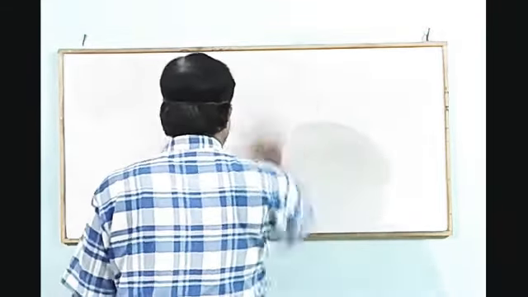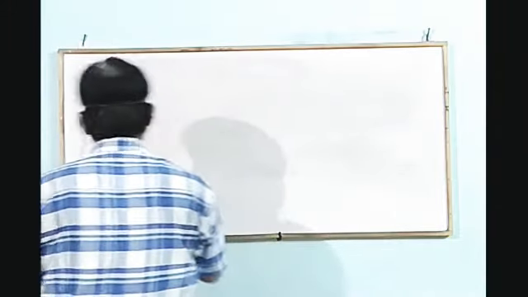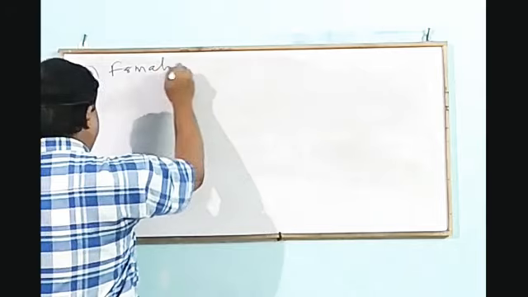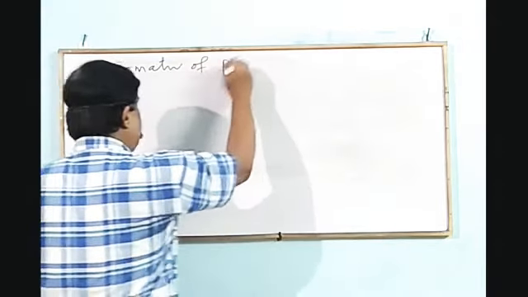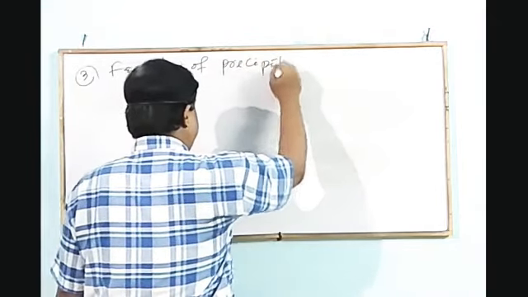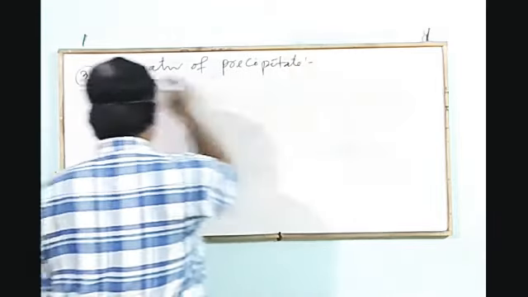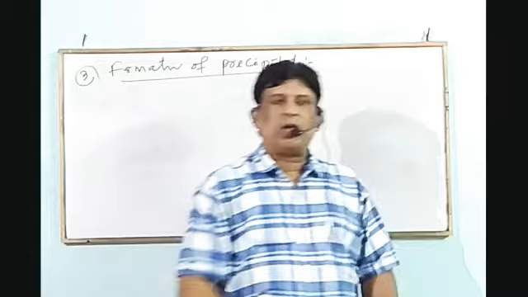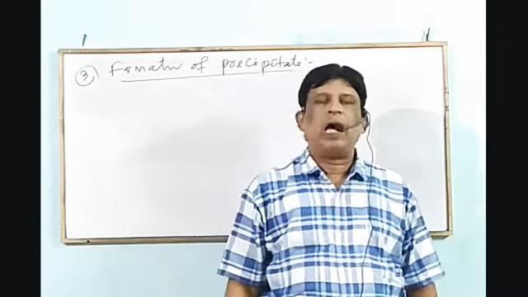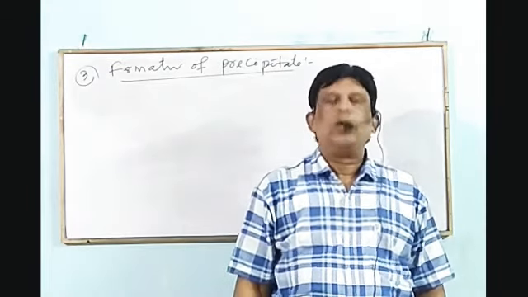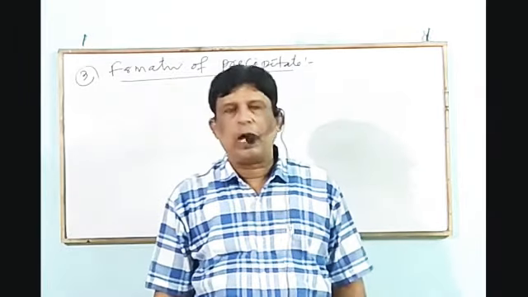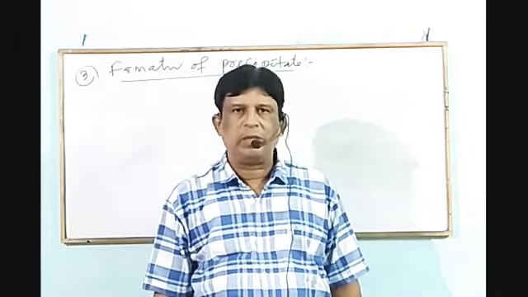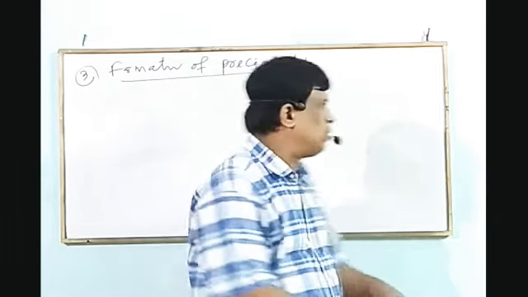The soluble salt of aluminium, iron, chromium, when treated with aqueous solution of ammonia, results in the formation of insoluble precipitate. Mark the equation.